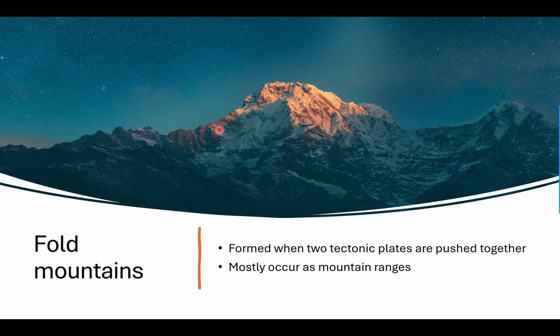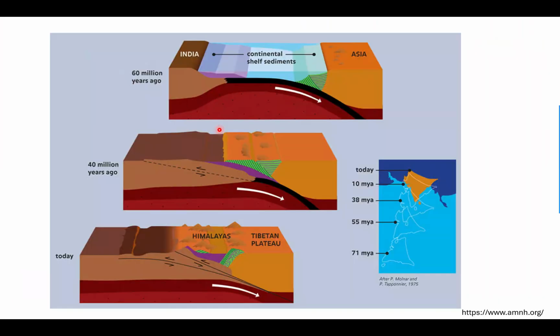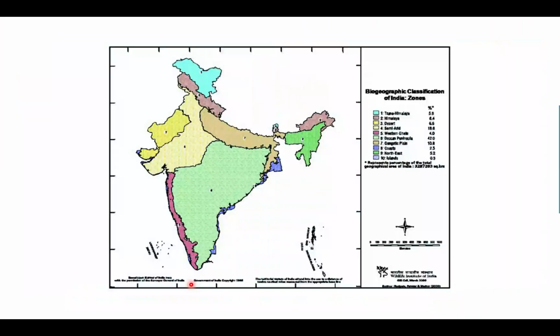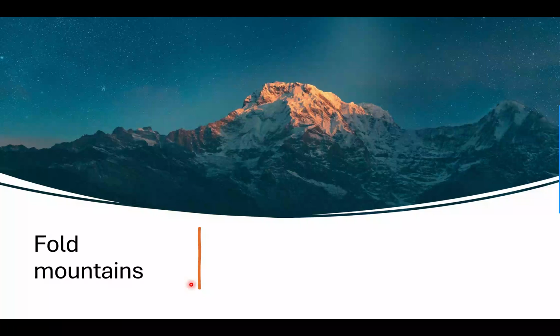So in the Himalayas, as you remember from this diagram, that's how they are formed, as a result of the collision of two plates. So Himalayas are fold mountains essentially.